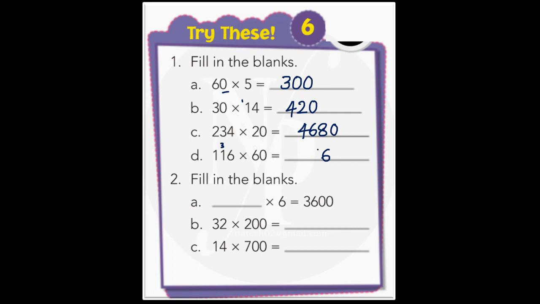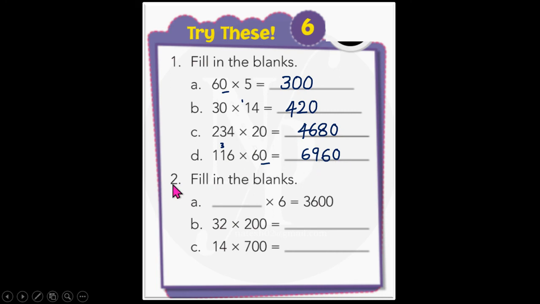I write 9 just behind 6. And when we multiply 6 and 1, 6 1s are 6. I write 6 here. And this 0 should be written in the ones place of this answer. Now the product is 6960. That is 116 into 60 is equal to 6960.